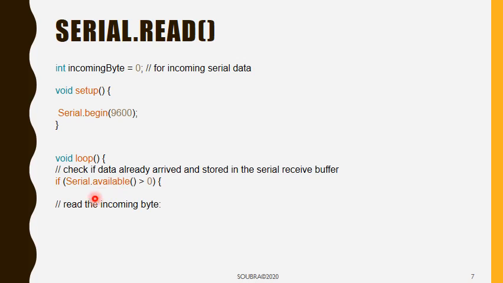And if there's something there, I need to read it. So all I have to do is use the read function and store it in the variable that I defined here. So I'm reading the incoming byte, 1 byte at a time, and then I could be sending it and printing it out somewhere else using the serial.